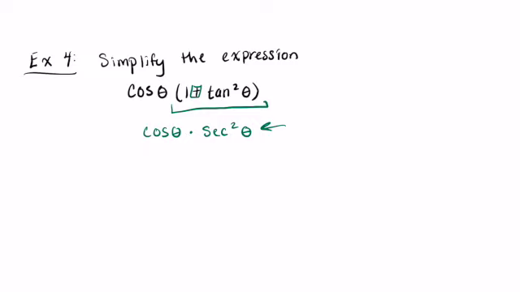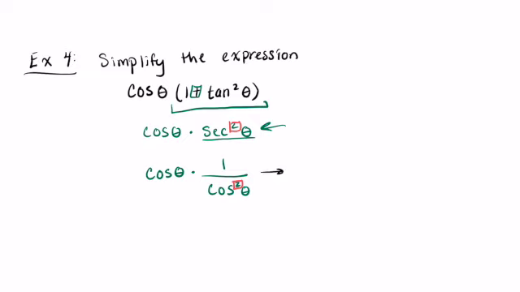I can't do any double angle. So let's look at our reciprocals. So I know the reciprocal identity of secant is 1 over cosine squared theta. Remember, this is squared because secant was squared, right? So I've got to keep that squared in there.